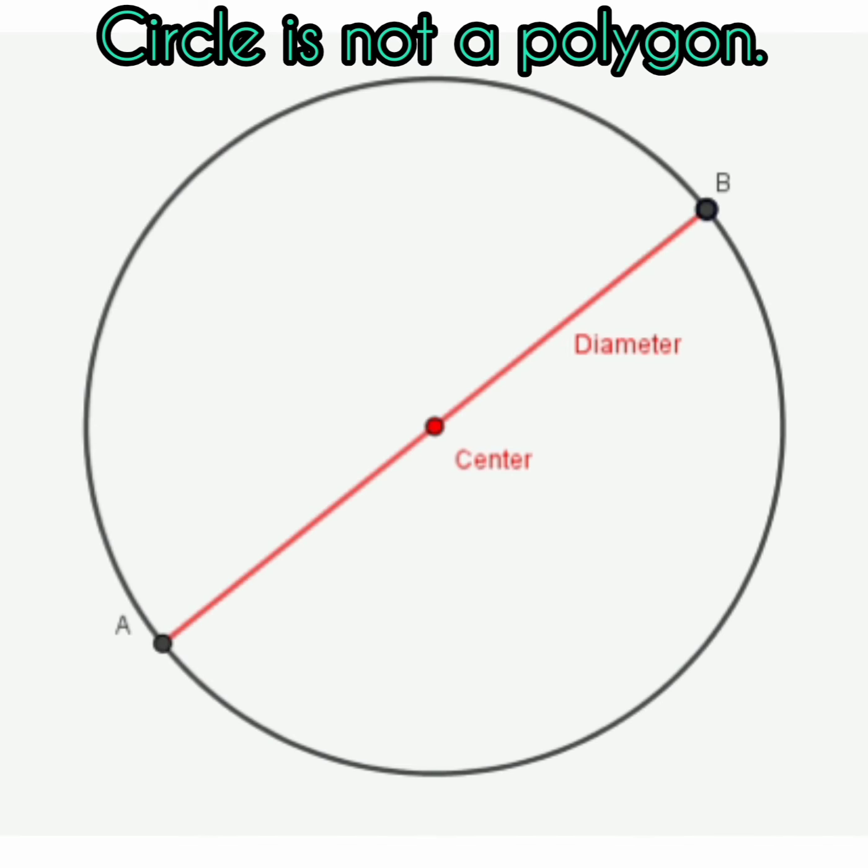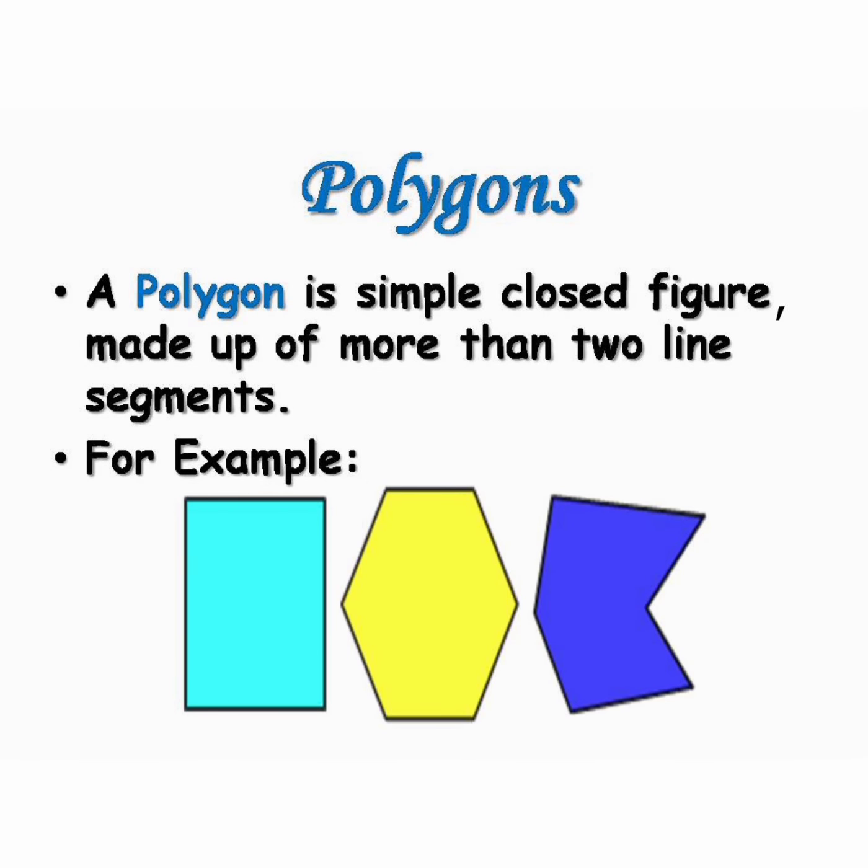A circle is a simple closed figure. It is not made up of line segments, so it is not a polygon. Hence, a polygon can be defined as a simple closed figure which is made up of more than two line segments.